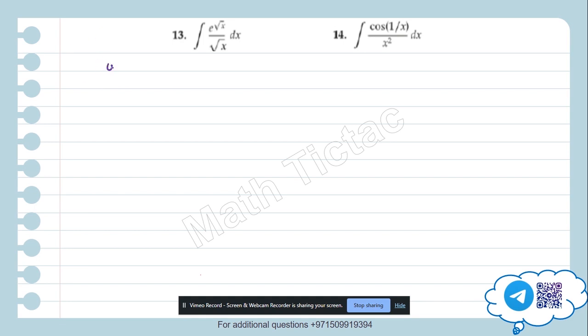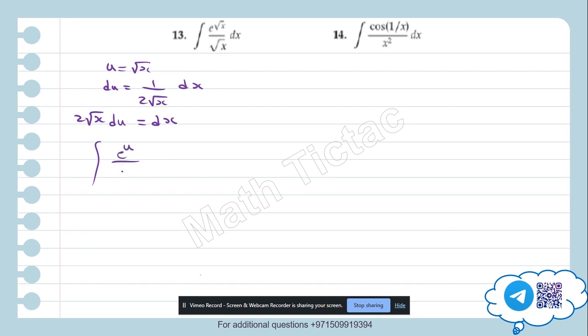So in here, u is equal to square root of x. So now du is equal to 1 over 2 times square root of x dx. So now du multiplied by 2 square root of x is equal to dx. So now all we have to do is just start with the substitution.